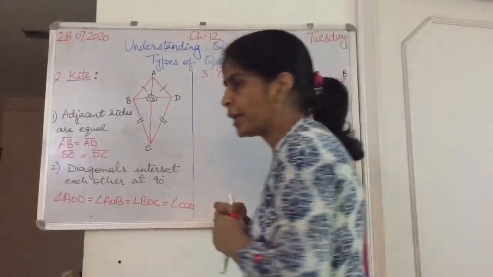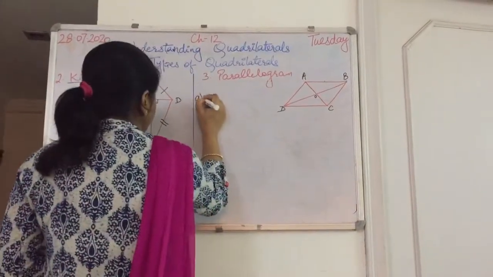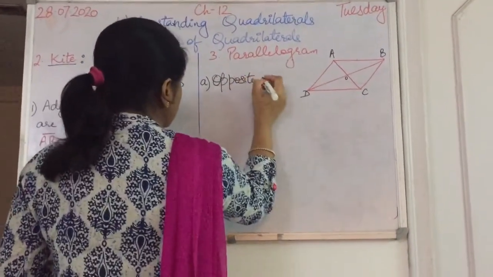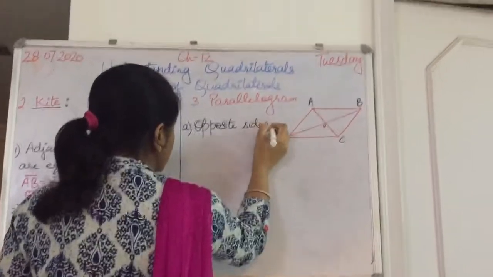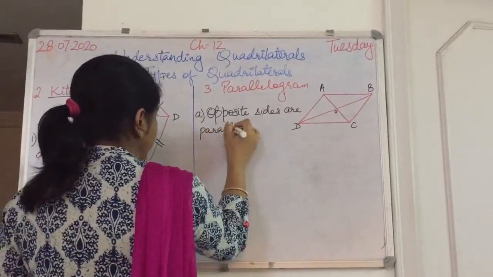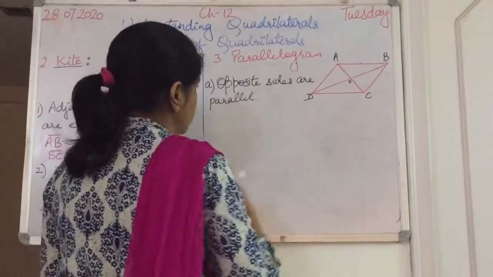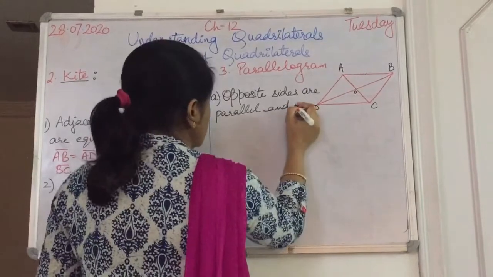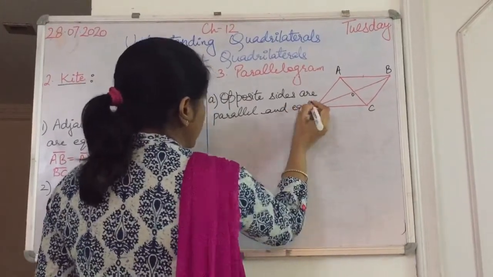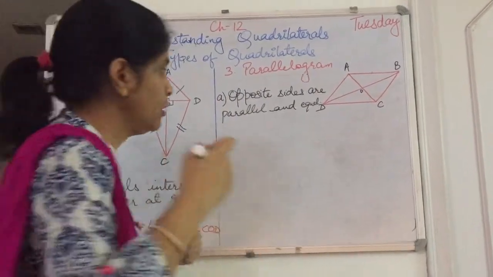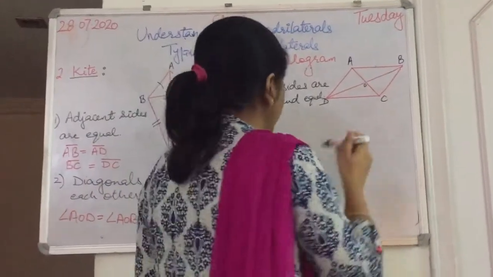That is the first thing. Second thing, opposite sides are parallel, so we will write the condition for it. Parallel and equal also. You can see that they are of the same length. So how are they equal?